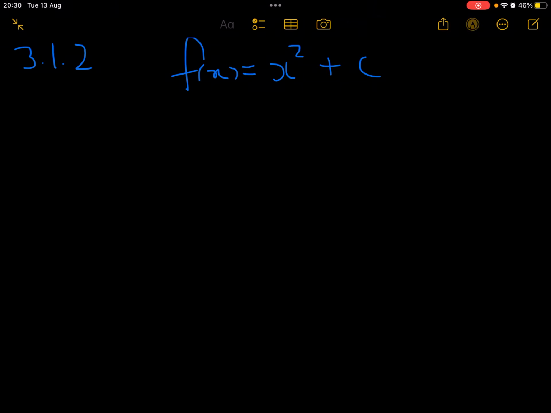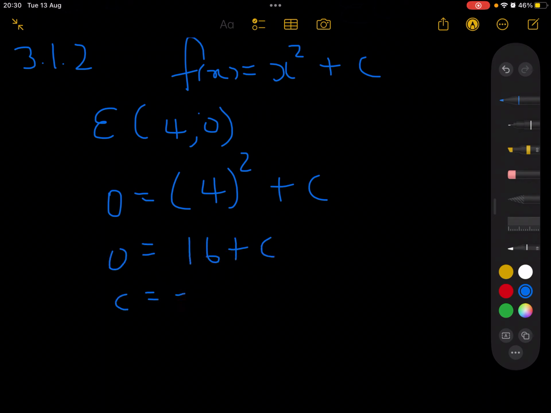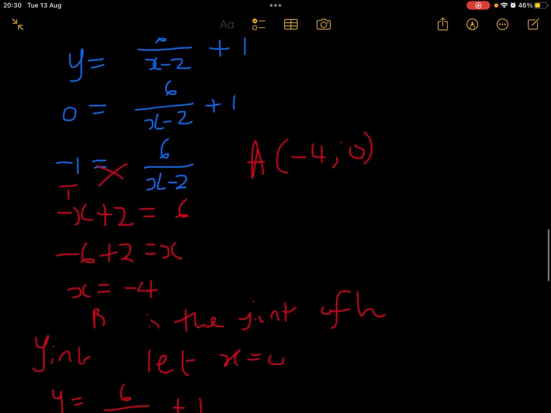So point E is (4; 0), which means 0 is equal to 4 squared plus c. Now 0 is equal to 16 plus c, and c is equal to negative 16. Then we move to 3.3.